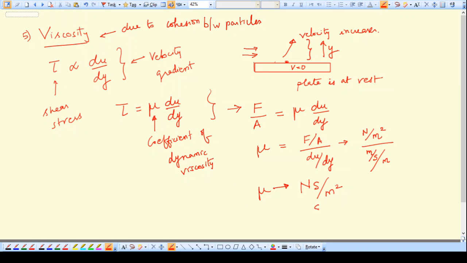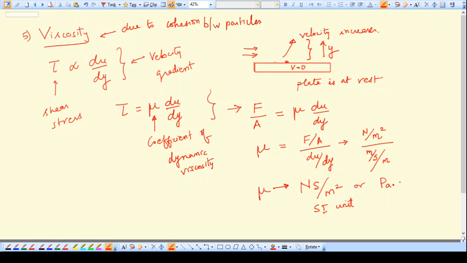This is the SI unit. You can say it as Newton second per meter square or Pascal second, because Newton by meter square is Pascal.